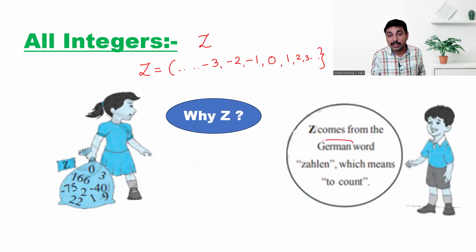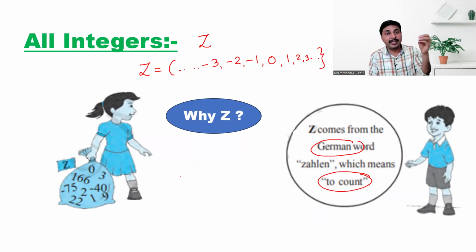This comes from the German word Zahlen, which is nothing but to count. So everything has some logic. Integers include natural numbers, 0, positive numbers, and negative numbers, and we call this Z. I hope you people are getting this.